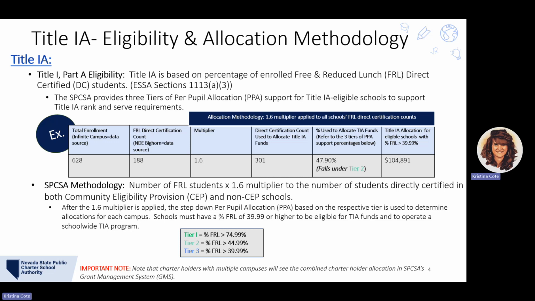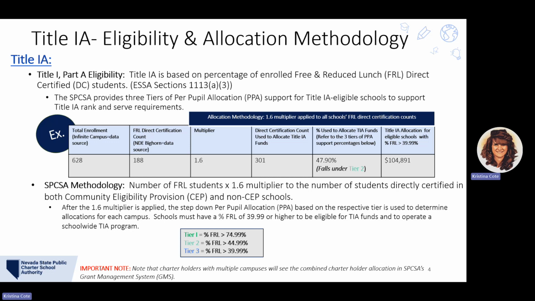The resulting step-down per pupil allocation percentage is then used to allocate Title I-A funds based on this eligible tier. So for our example, the percentage of per pupil allocation is 47.90%, which falls under Tier 2, since 47.90% is above 44.99%, but below the 74.99% shown as the minimum percentage to be qualified for Tier 1.